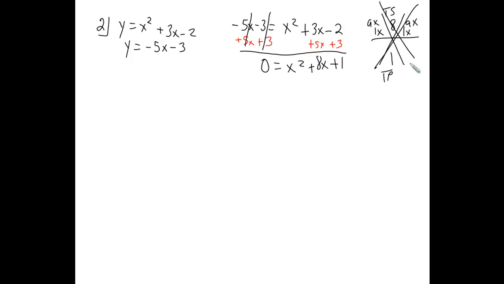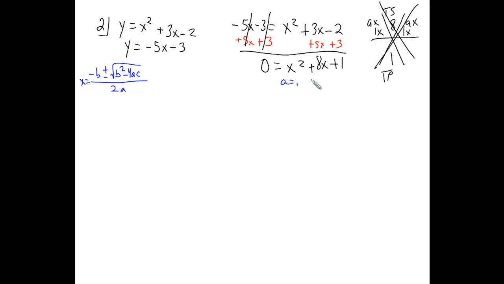So I cannot use this method. I need to use the quadratic formula to find out what x is equal to. Remember, the quadratic formula is the opposite of b plus or minus the square root of b squared minus 4ac, all over 2a.